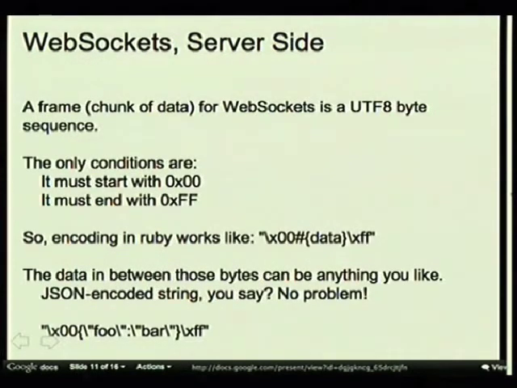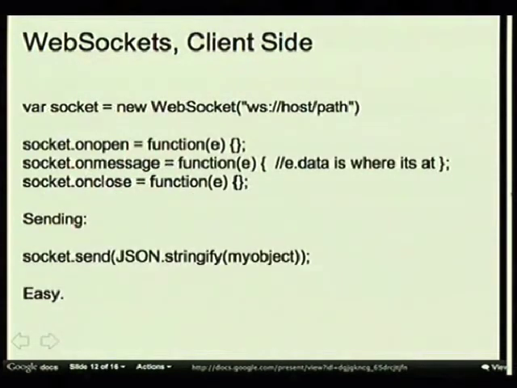If you want to send data down to the client, it's a very, very simple process. It's a UTF-8 byte array, and the first byte is just 00 and the last is FF. That's all you have to do. You just wrap it in those, send it down, and it will work. And on the client side, this is as simple as it gets, I think.